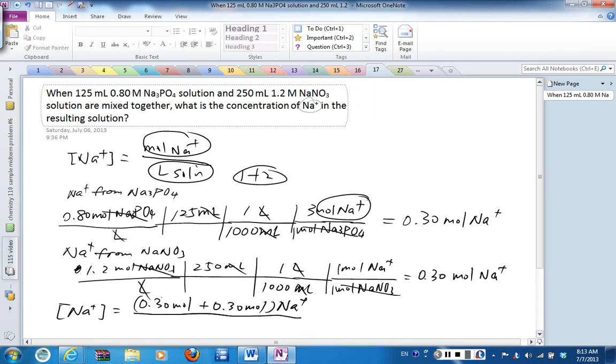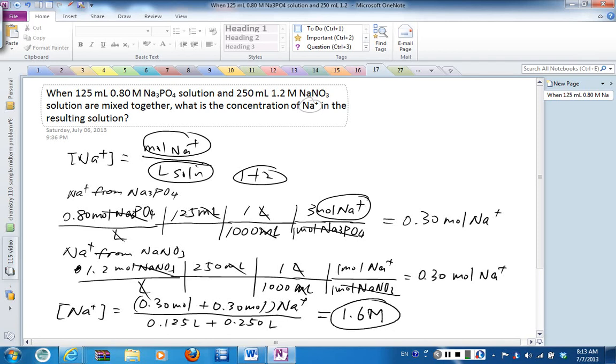Now, volume should be in liters. 125 milliliter divided by 1000 is 0.125 liter, and 250 milliliter divided by 1000 is 0.250 liter. And altogether, the new concentration is 1.6 mole.